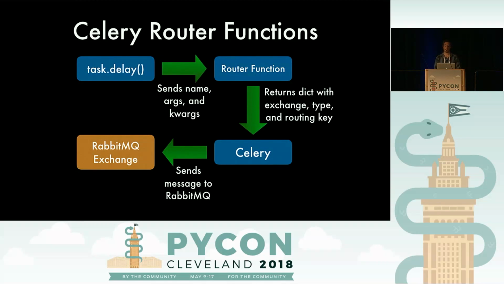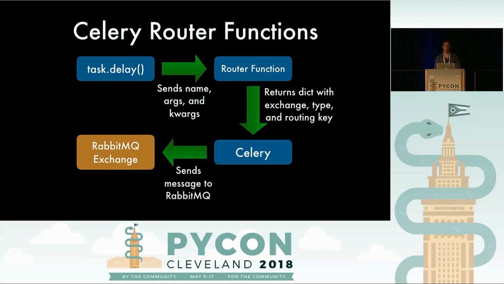Celery then uses this information to send a message to an exchange that contains data on which task to run, how to run it, and any related args and kwargs that will be passed to the function. All of the work seen here happens at the producer level in Python code in the Celery package. Once the message is sent to RabbitMQ, the calling function continues to run and the message moves through the RabbitMQ broker to a queue bound to the exchange that the message was sent to.